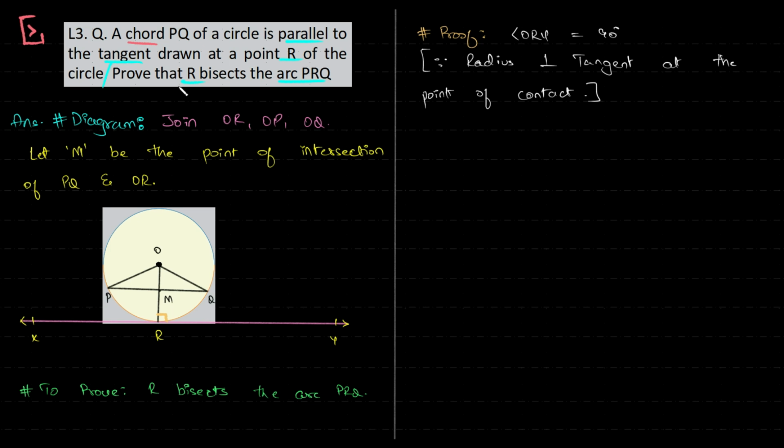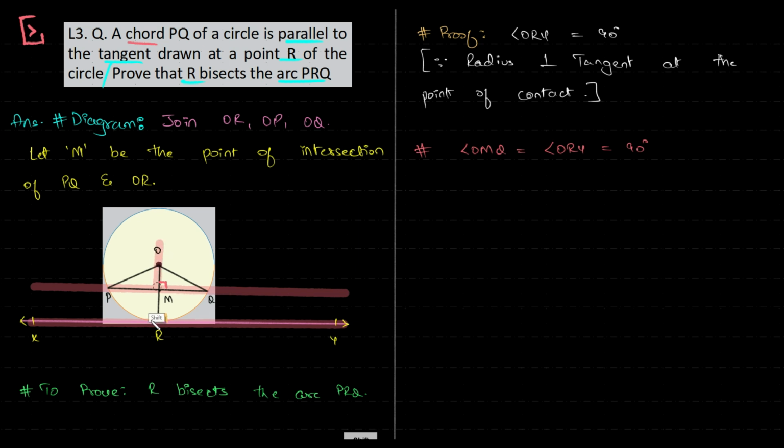Okay. Now we have angle OMQ also to be 90 degree. But why? I'm telling angle OMQ is 90 degree because it's equal to ORY. So these are equal to 90 degree. But how is that possible? It's quite simple actually. We have these two lines parallel to each other. This acts like a transversal line.